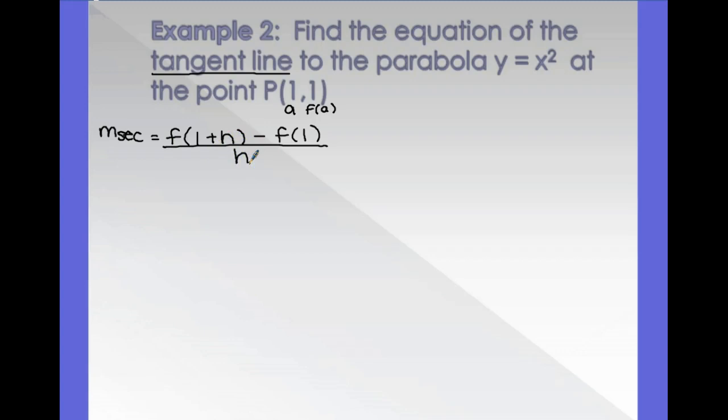So it's f of 1 plus h minus f of 1 all over h. f is really just a fancier way of saying y, so we plug 1 plus h into our function. You get (1 plus h) squared minus 1 squared, all over h.